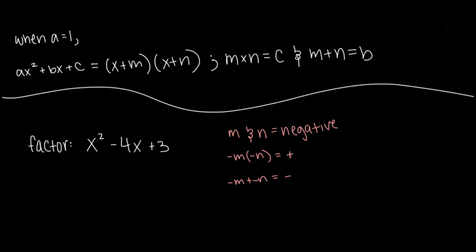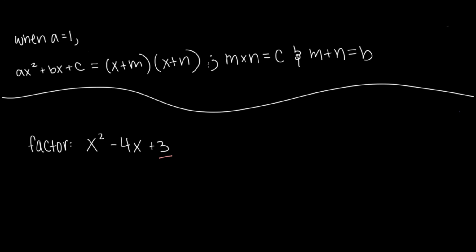So over here, negative m times negative n is going to give you a positive c value, and negative m plus negative n is going to give you a negative b value. So if we look back at our trinomial, you can see that we have a negative b value and a positive c value. So that way we know that our m and our n are negative.